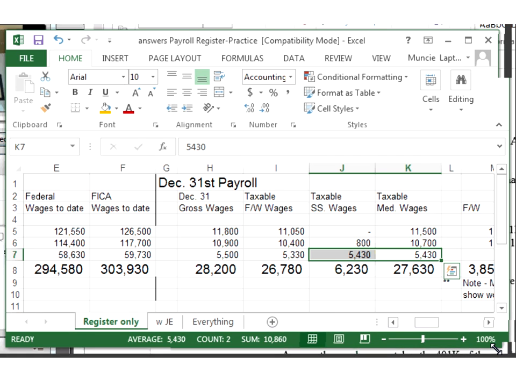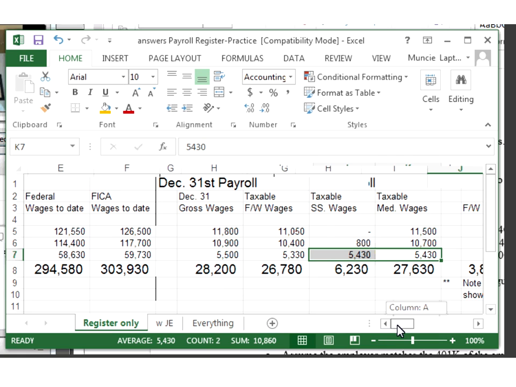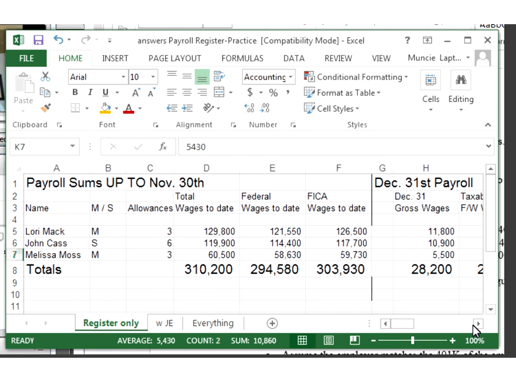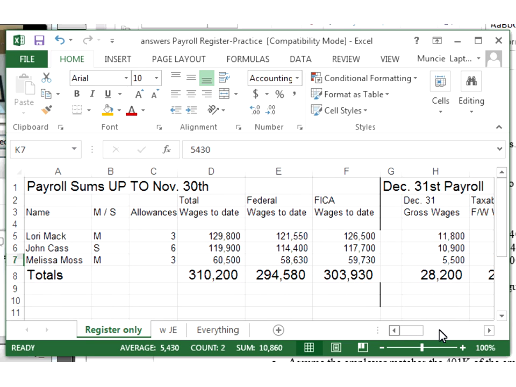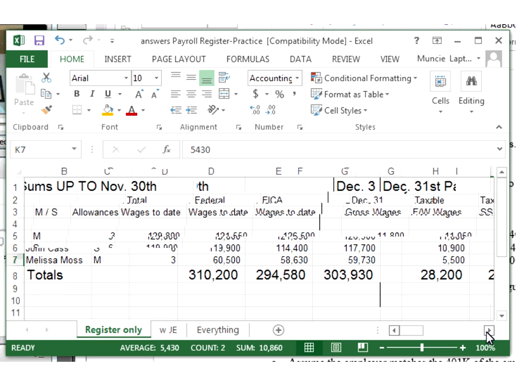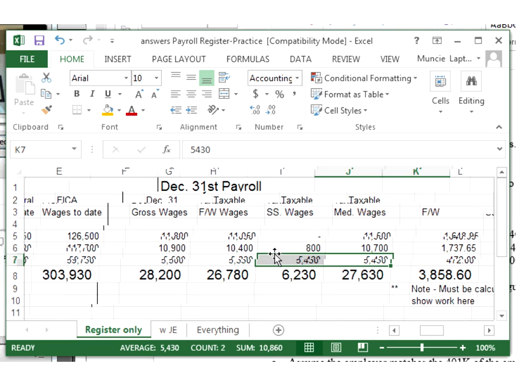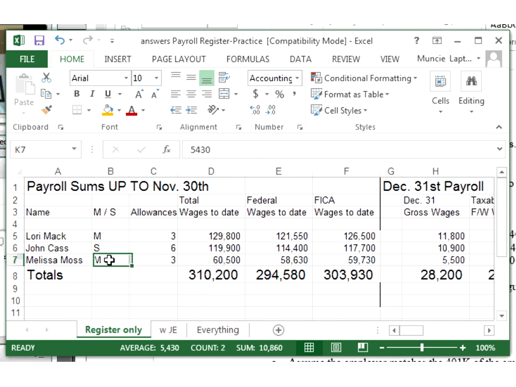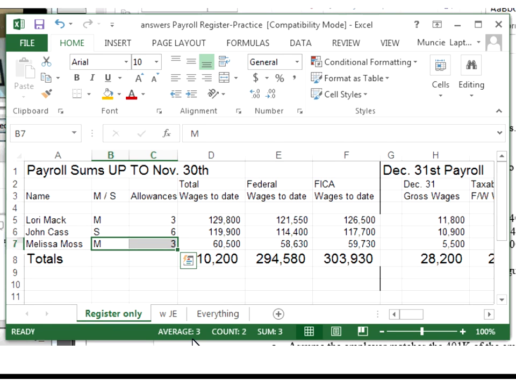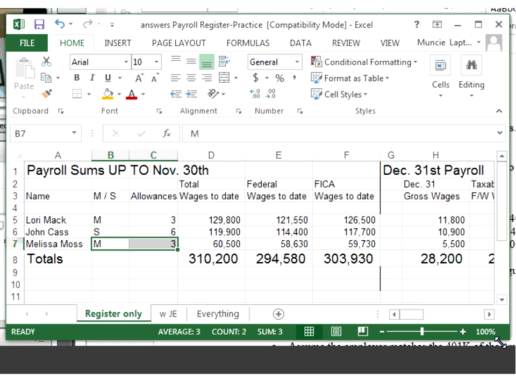The easiest person to do it for is our final employee, Melissa Moss, since we're doing monthly payroll. I want to look up somebody who is married with 3 allowances.